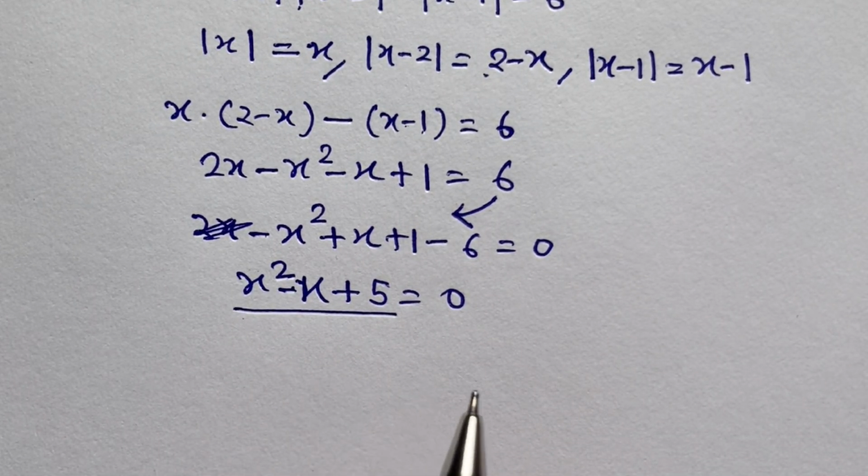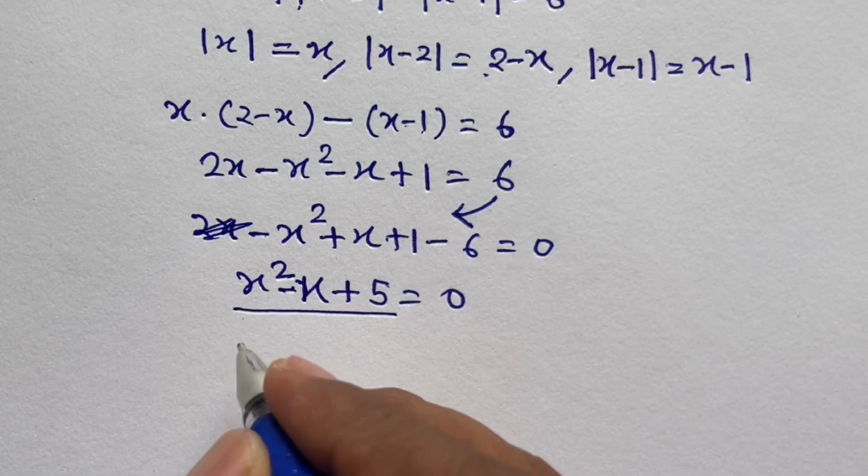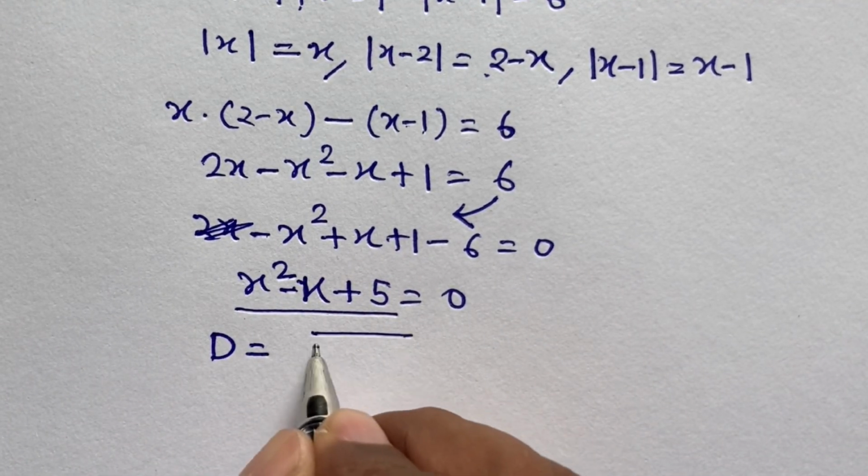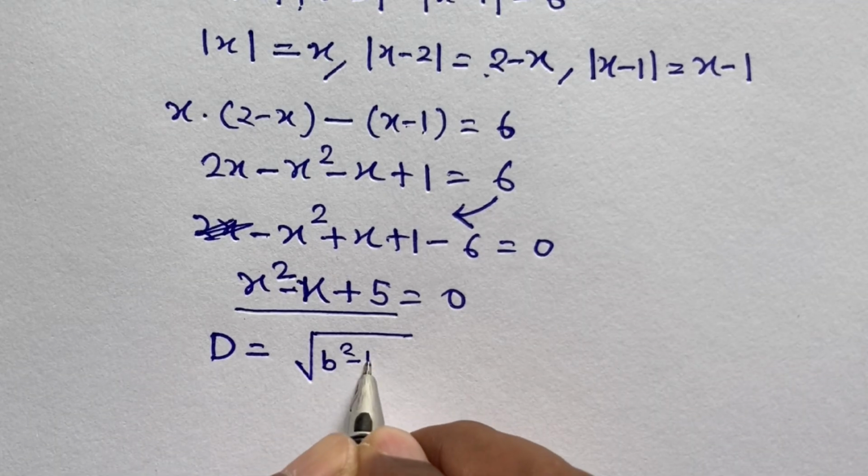Now we have to find the value of x for this condition. Before simplifying it, we can check if this equation has any real solution. For that, we calculate d, that is b² − 4ac.